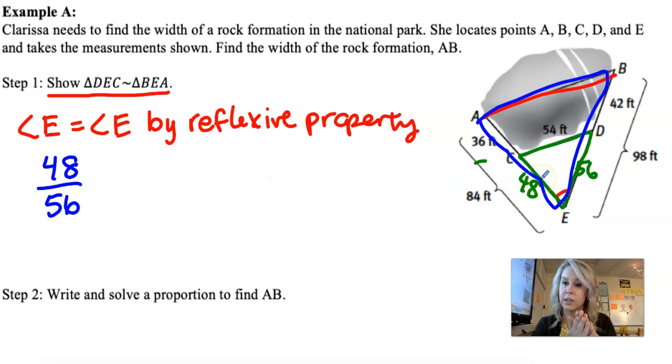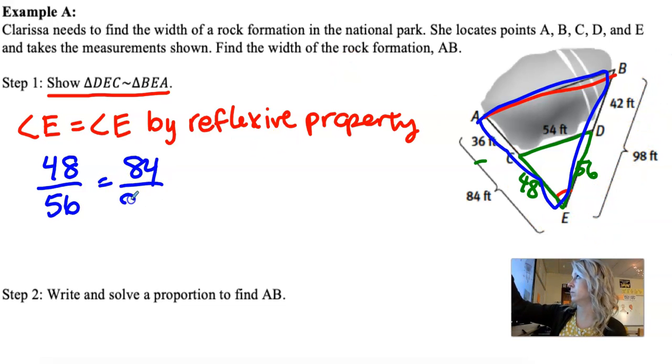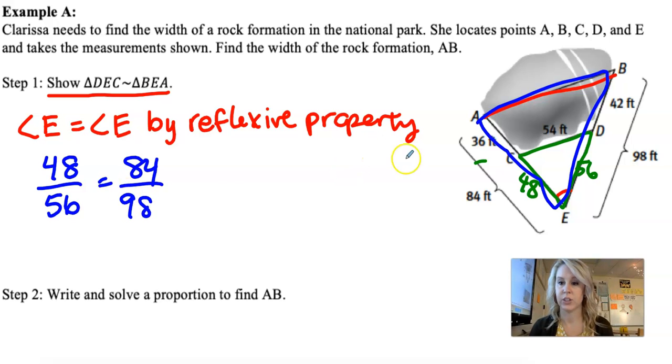So now I'm going to check the left side of the big triangle, which I know is 84, over the big side in the other triangle, which is 98. Okay? So I checked left side over right side equals left side over right side, and I'm looking at my bigger triangles. Okay, so if this proportion works out and they equal each other, then I know they are proportional.